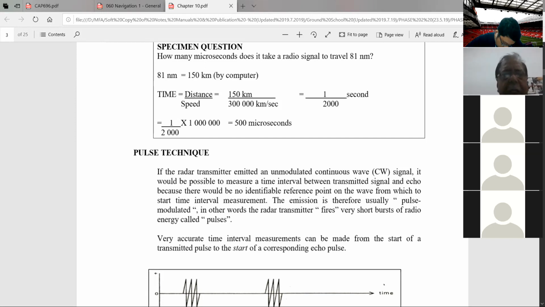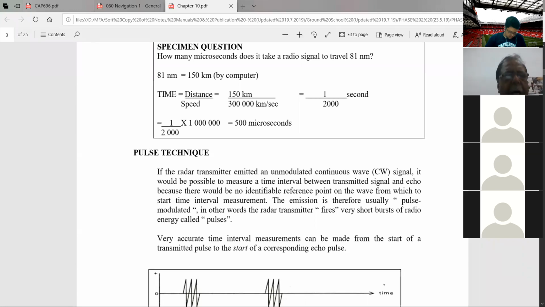The number of such pulses transmitted in 1 second is called PRR, pulse recurring rate. Suppose the radar transmits 500 pulses, the PRR is 500. If you transmit 1000 pulses, the PRR is 1000 pulses, right?